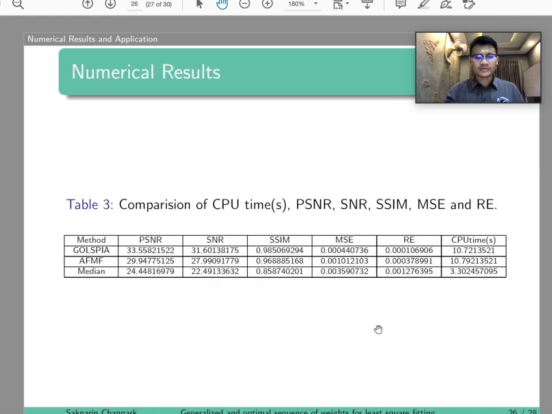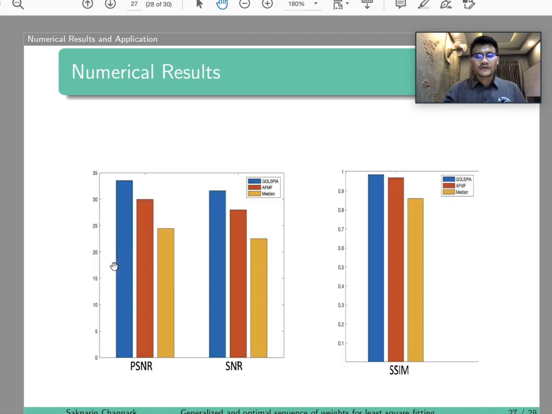For the numerical results, we compare the CPU time and the image quality of the GOLSPAA method with the traditional methods, AFMF and median filter. For the results shown in this slide, we can see that the blue bar, GOLSPAA, has the highest values of PSNR, SNR, and SSIM.